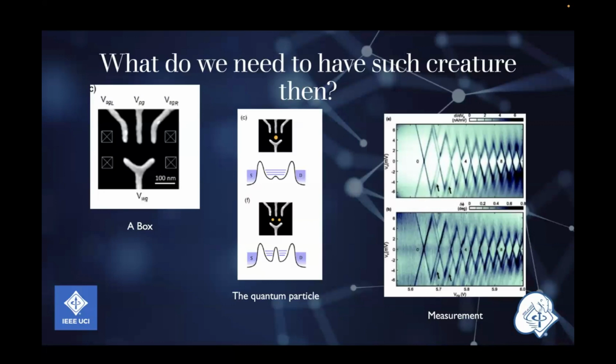And that's exactly the reason, for instance, IBM gives you 12 minutes each month using their quantum computers. And if you are an expert, you can use it as long as you like. 12 minutes in the quantum realm is a very, very long time. You can do whatever you would like to.